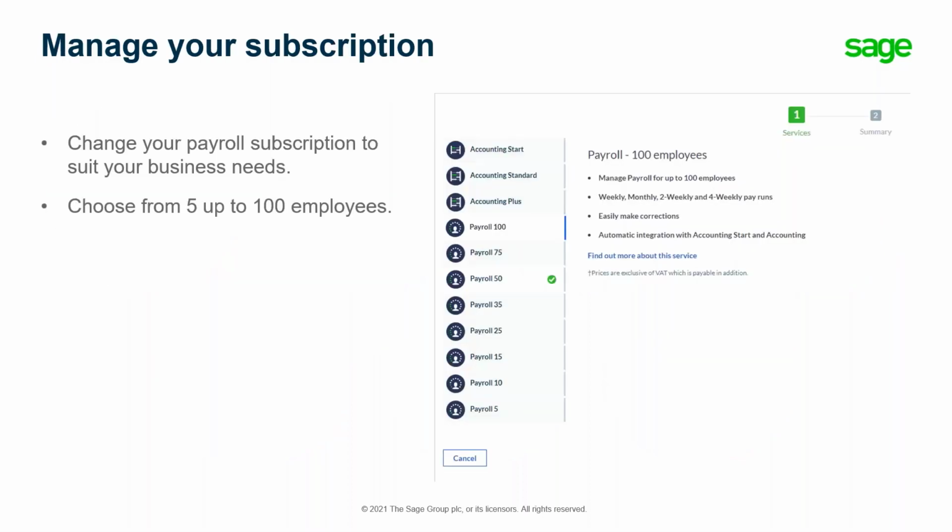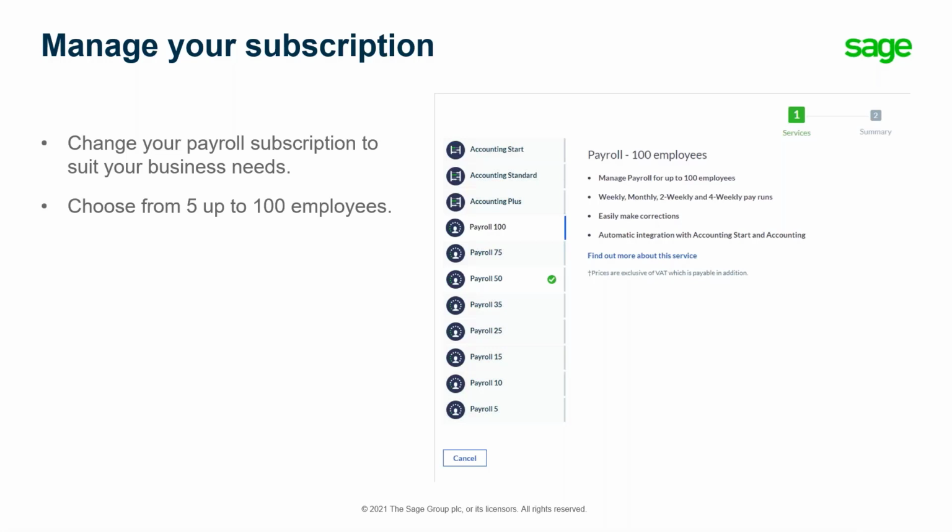The other thing I wanted to mention that is unique really to Sage Business Cloud Payroll. You can't do this so easily on our desktop products, but you're in complete control of your subscription, and you have the option of logging in at any time to change that subscription to meet your business needs. So we offer payroll starting from 5 employees all the way up to 100 employees these days.